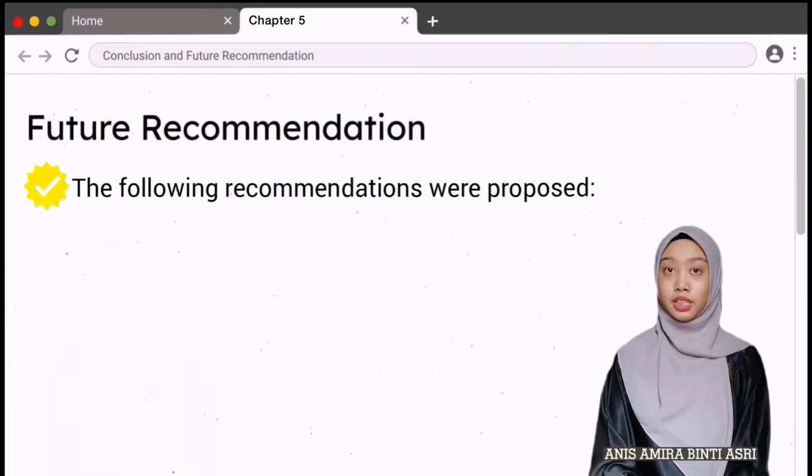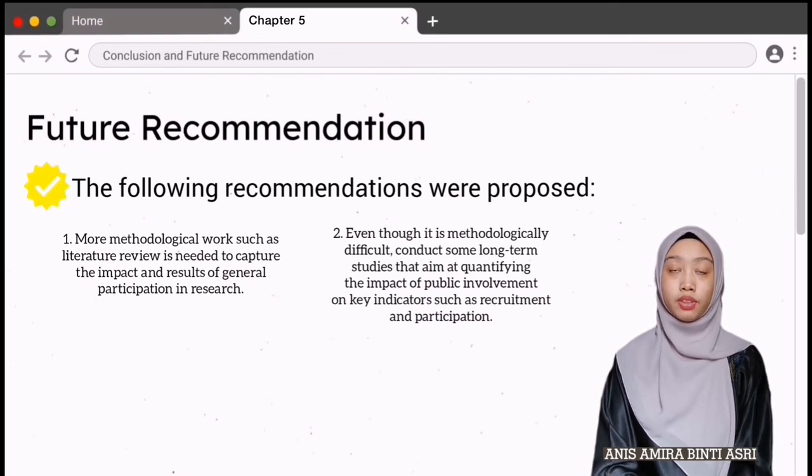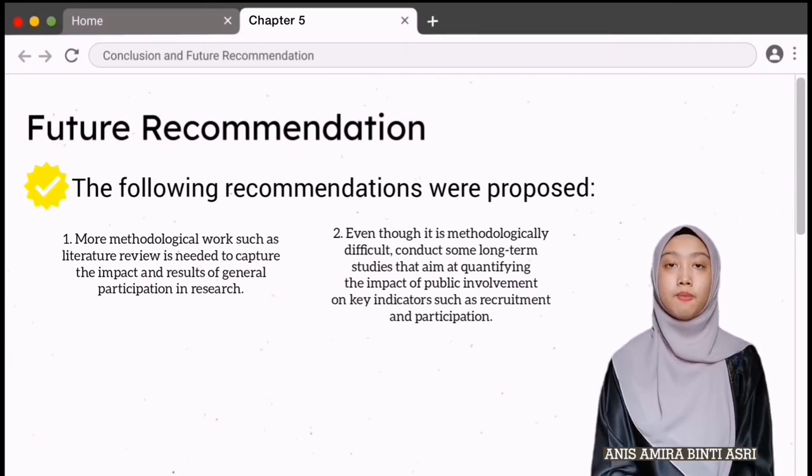For further recommendation, the following recommendations were proposed. Firstly, more methodological work such as literature review is needed to capture the impact and result of public participation in research. Then, even though it is methodologically difficult, conduct some long-term studies that aim at quantifying the impact of public involvement on key indicators such as recruitment and participation.